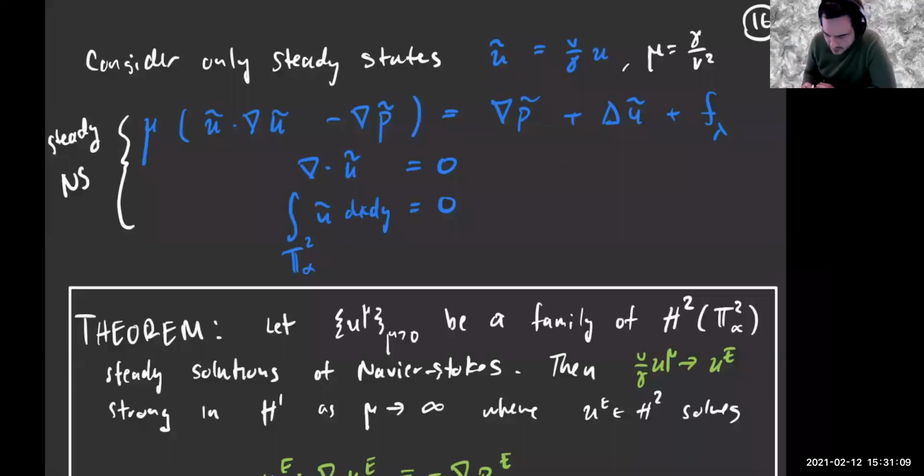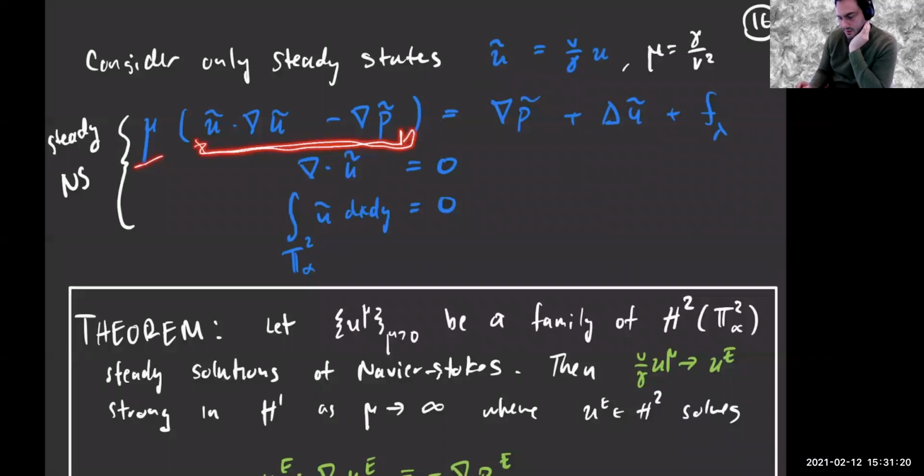Then if you just plug this into the equation, you see that the way mu, the parameter, comes up is it sits in front of what looks like the Euler equation for U tilde. And then the right-hand side involves the viscosity without any parameter. It's scaled into here, the forcing, and the pressure gradient. I've just split the pressure, it doesn't matter.